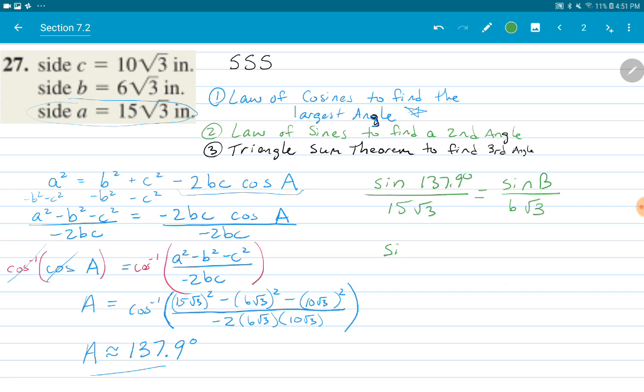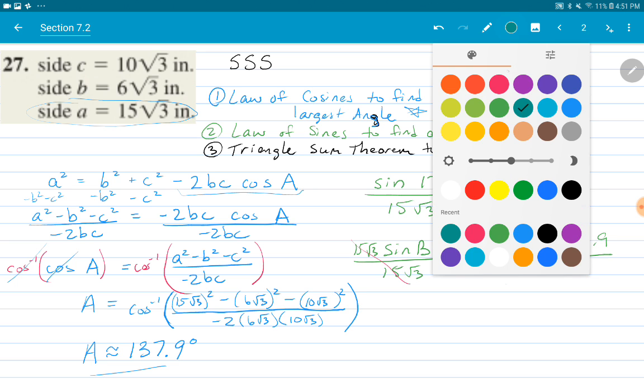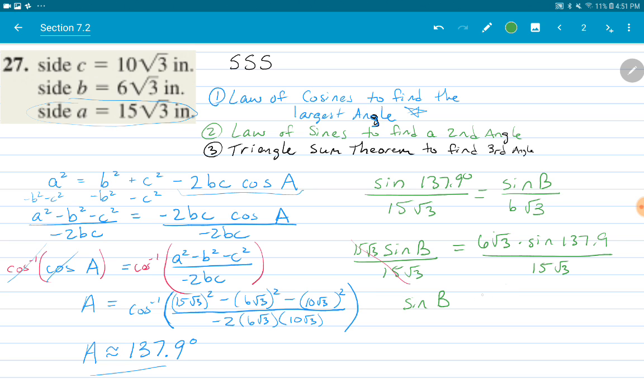I get sine of B times 15 radical 3 equals, I forgot the 6 radical 3, 6 radical 3 times sine of 137.9, and then divide both sides by 15 radical 3 to solve for sine of B. On the left, these will cancel, and I'm just left with sine of B equals all the stuff on the right.